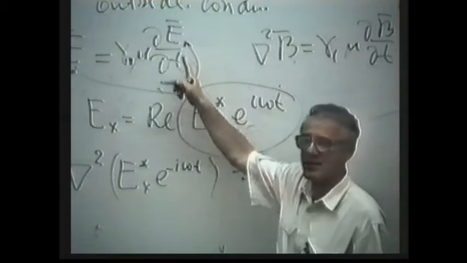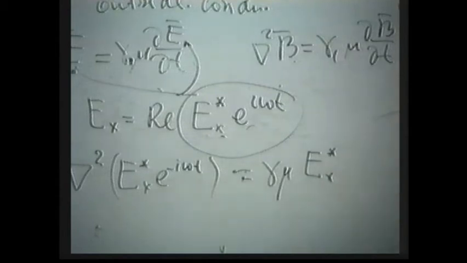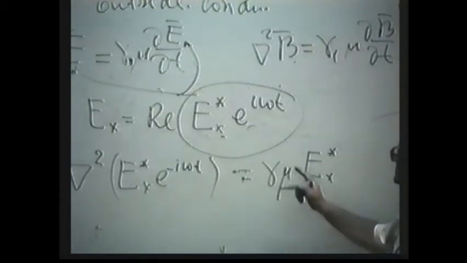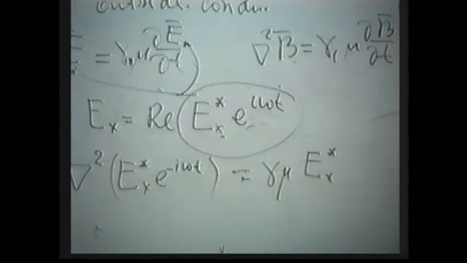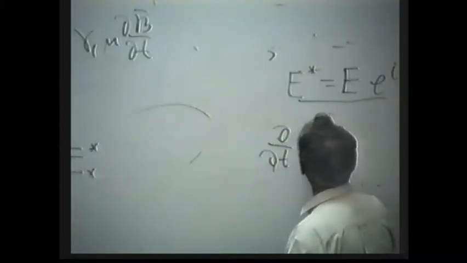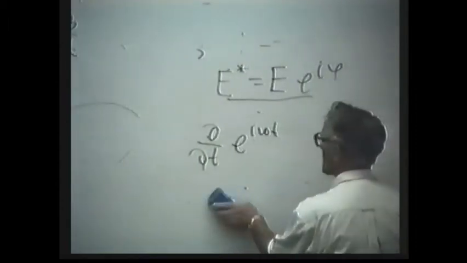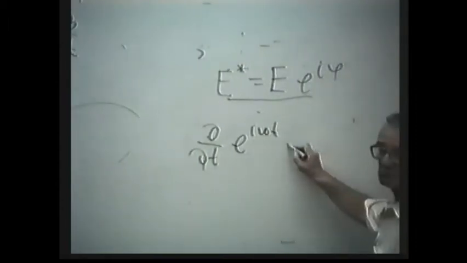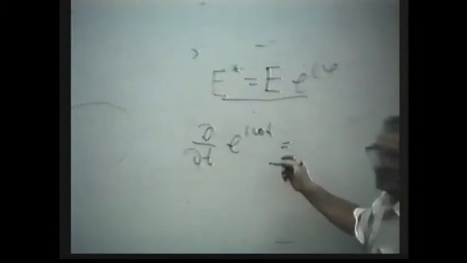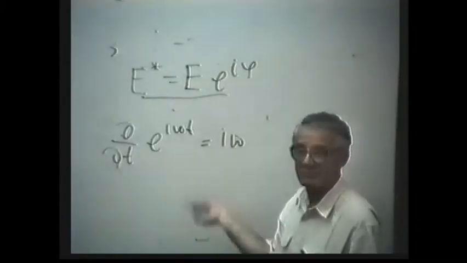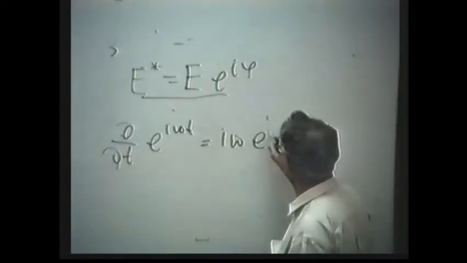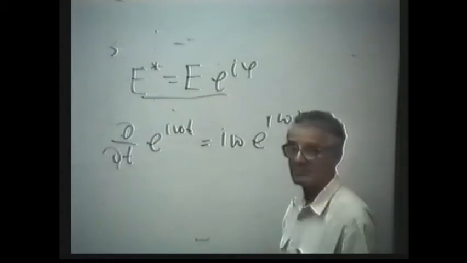What happens with this derivative? How to take the derivative d/dt from e to the i omega t? I omega, again still e to the i omega t.